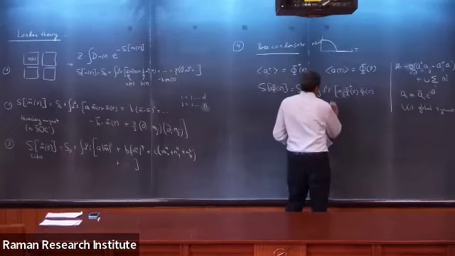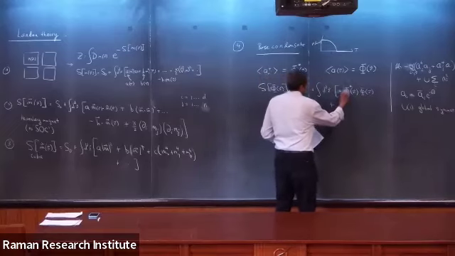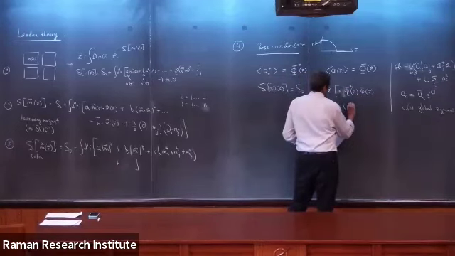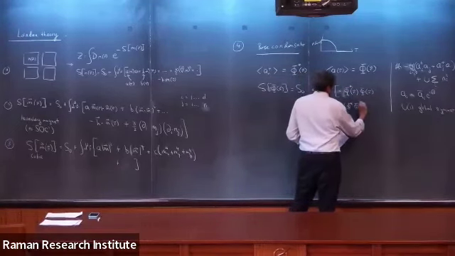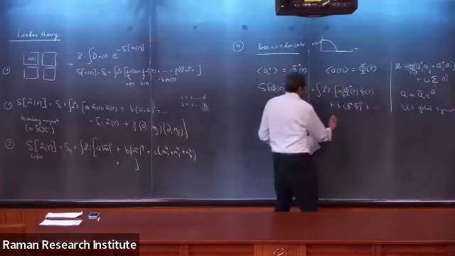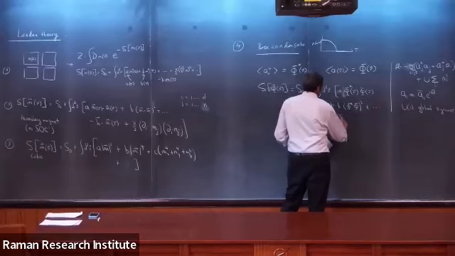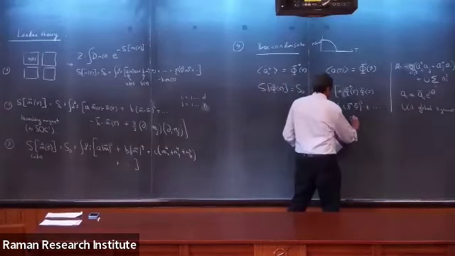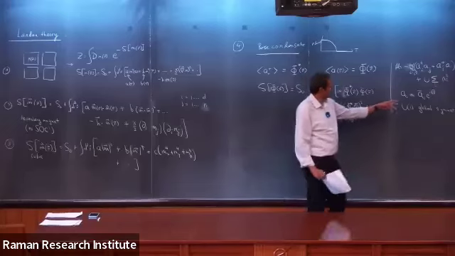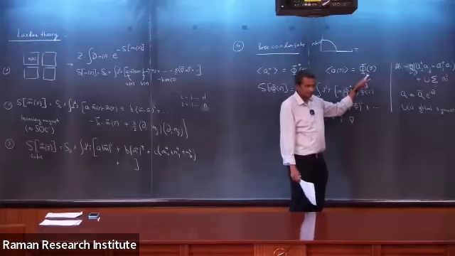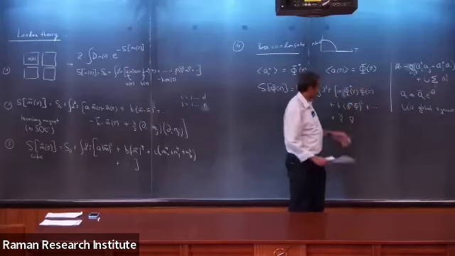And now I can start writing down similarly. Again, I don't have any terms that are cubic. I can write down something like phi star phi whole square and so on. Right? And when it comes to the stiffness, then I want to write down gradient terms. Remember that it's a complex scalar field, right?